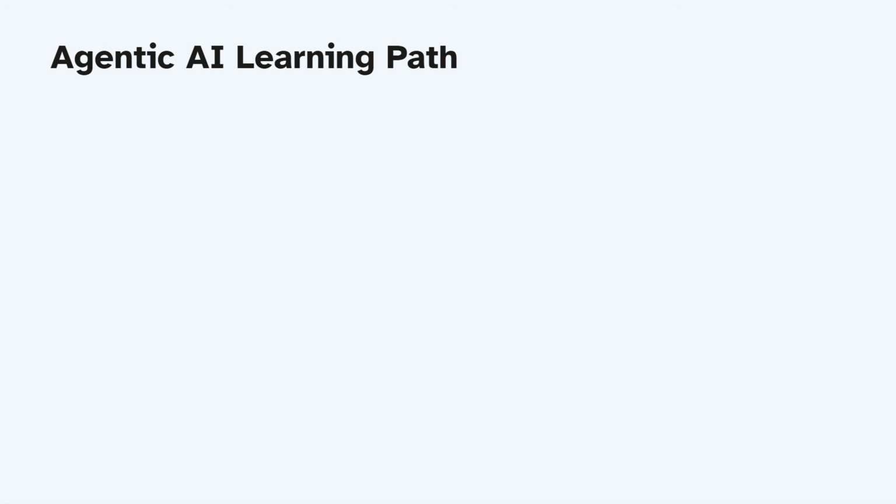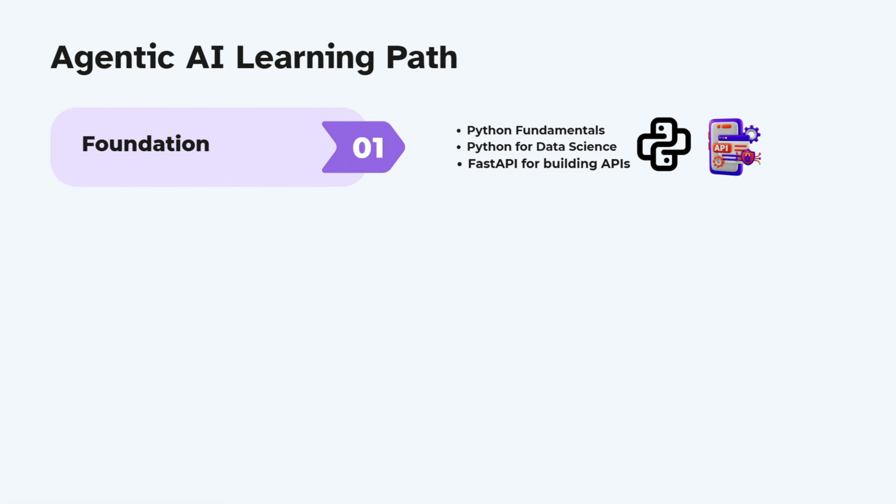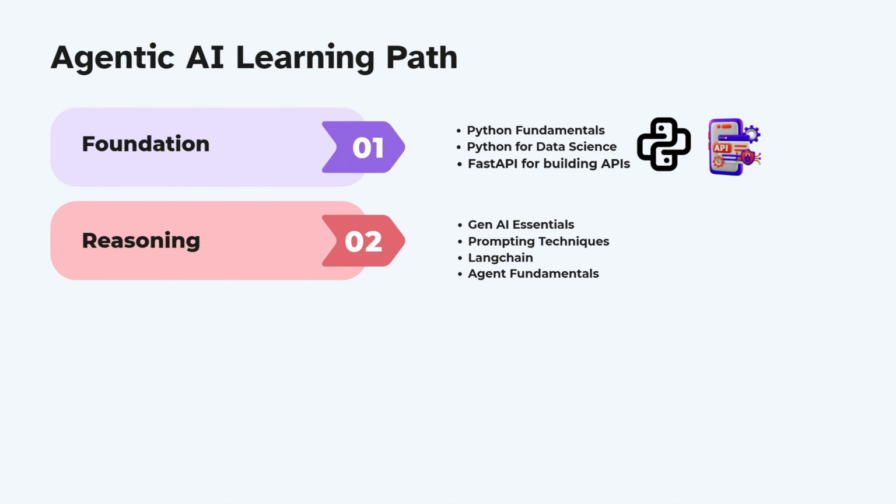And getting into the agentic AI learning part, it is a roadmap of the concepts we are going to learn in the playlist, in my course. The first level is the foundational level, where I'm going to cover Python fundamentals, Python for data science, and FastAPI. The second level is the reasoning level, where we are going to learn Gen AI essentials: LLMs and model control parameters.